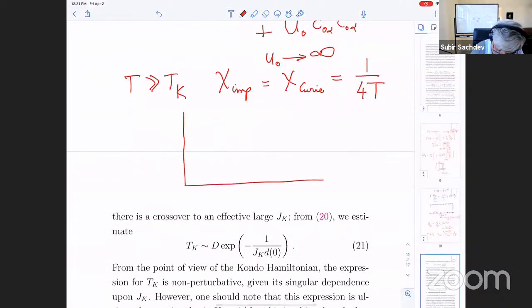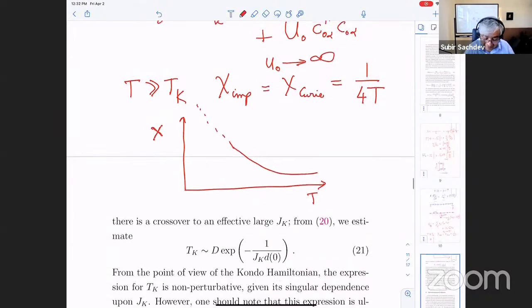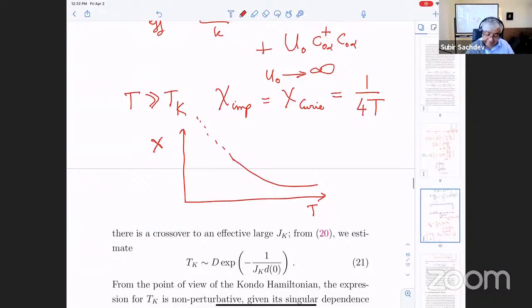So if I plot chi as a function of temperature. I'm looking at very high temperature, where you get a term that seems to be diverging. But of course, it doesn't diverge because this is a high temperature limit. So now you can ask what happens at T much smaller than TK, the Kondo temperature.